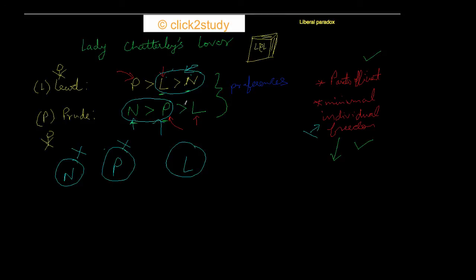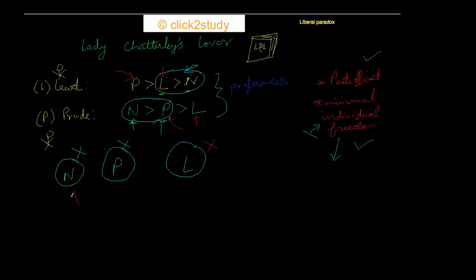So if we let Prout read the book, we have actually made both of them better without making anyone worse, right? So going for L, there is scope for Pareto improvement by giving the book to P. So we are losing Pareto efficiency in this case.